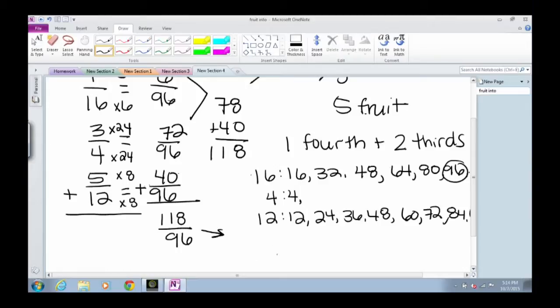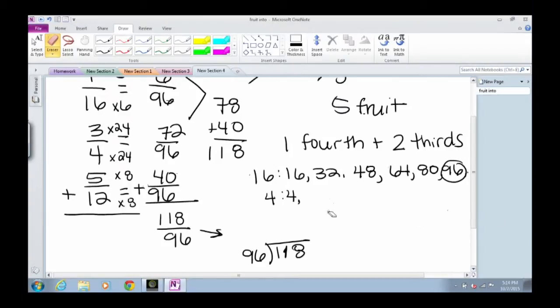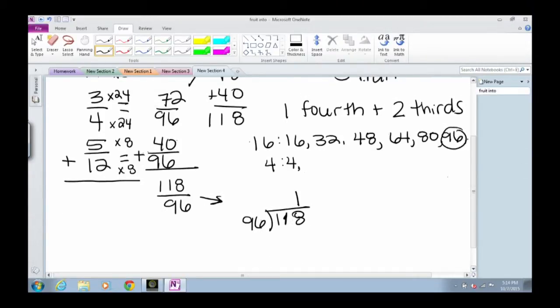Now to simplify this, because this is an improper fraction, we're going to take our numerator divided by our denominator, 118 divided by 96. 96 goes into 118 one whole time, and we're left with a remainder of 22.